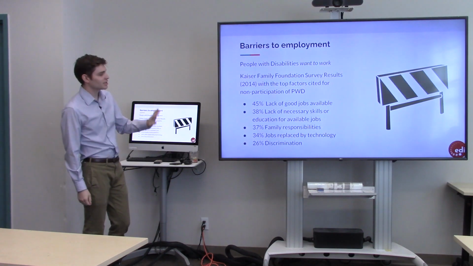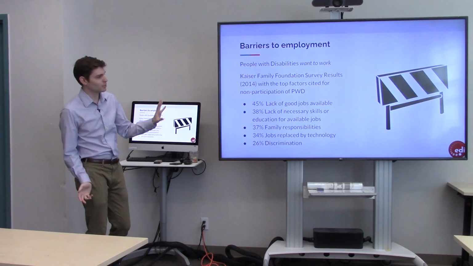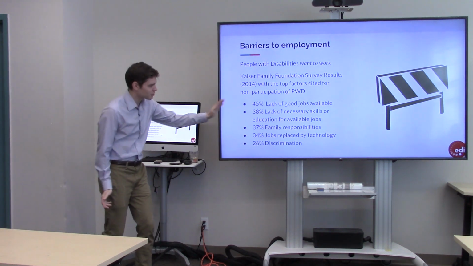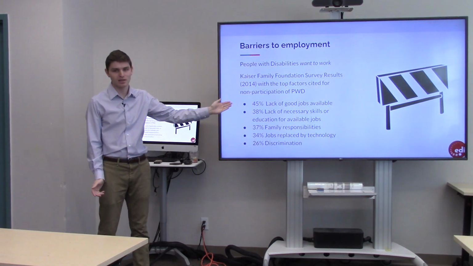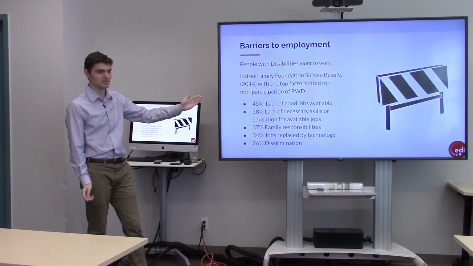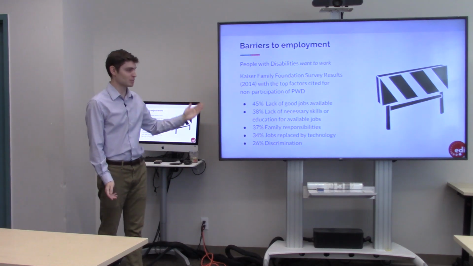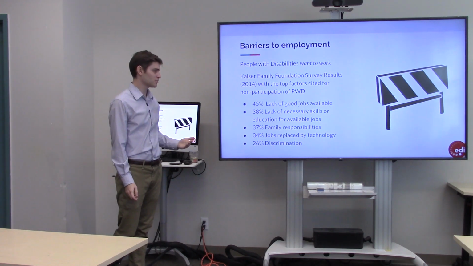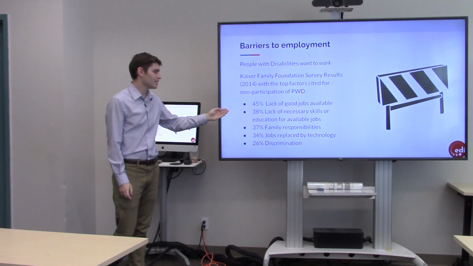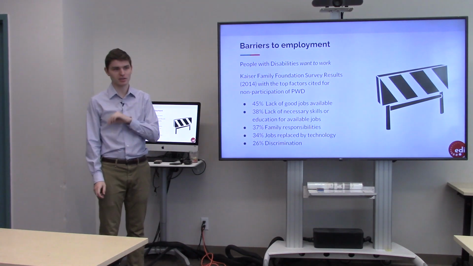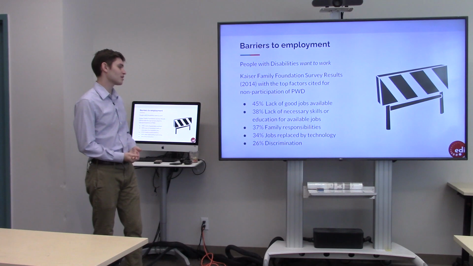So I just want to return to this slide again, which is thinking about the job guarantee with these barriers in mind. First and foremost, we have the lack of good jobs available. I think that's something the job guarantee is suited to address well, if it's administered well and you're creating good quality jobs. Then next is the lack of necessary skills or education. It goes to the credentialing and on-the-job experience I was talking about.